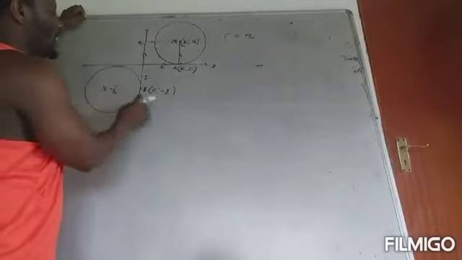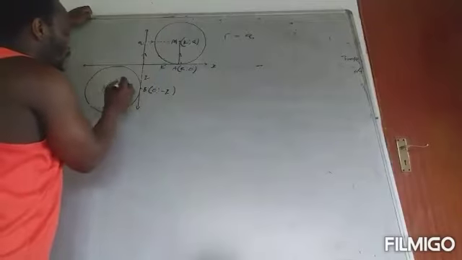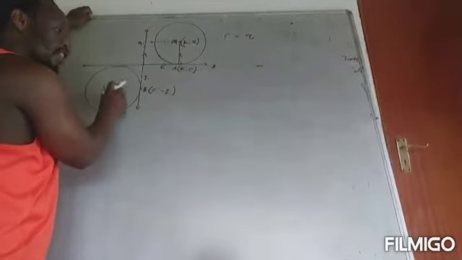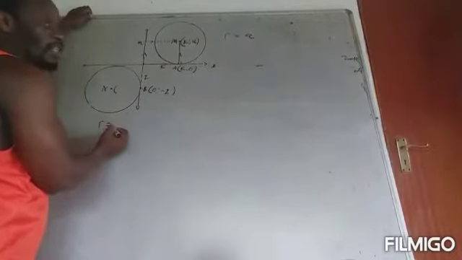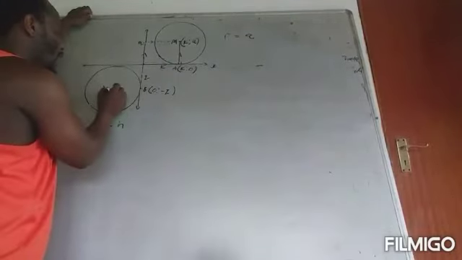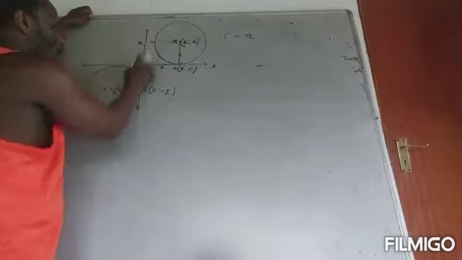If it touches the y-axis, the x coordinate of the center is equal to the length of this radius. If the length of this radius is h units, then x is going to be h here, because it touches the y-axis.